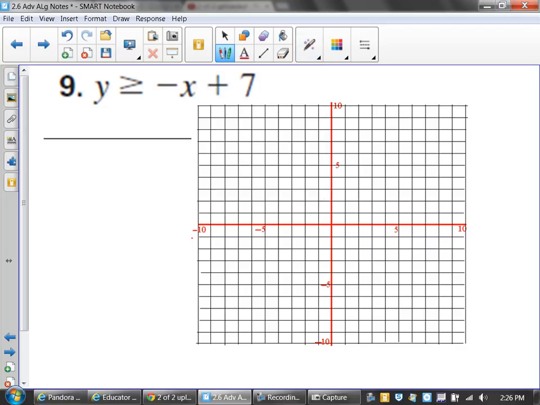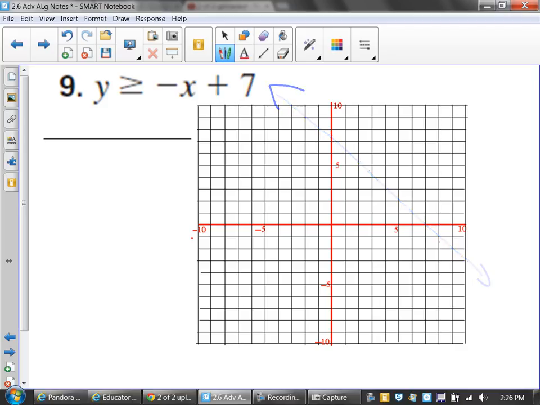All right. So y-intercept is positive 7. Slope is negative 1. These are easier than they look. Is it a solid or a dotted line? Solid. Test point 0: is 0 bigger than 7?